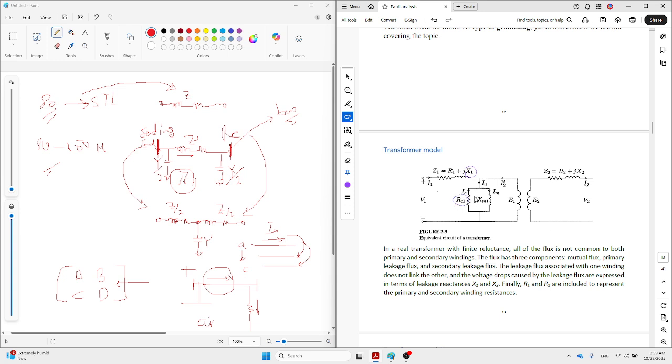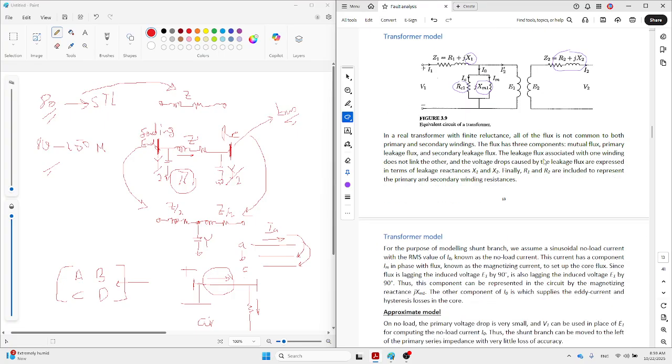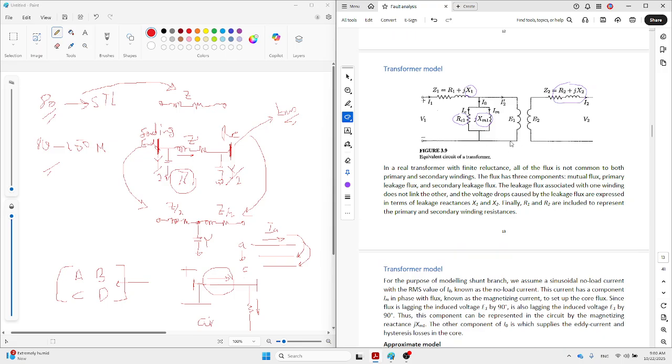RC is the core resistance, coming from eddy current and hysteresis. And XM also comes from the magnetizing effect. The next ones are R2 and X2, which are explained the same as R1 and X1 but for the second winding. So this is the accurate model of the transformer.